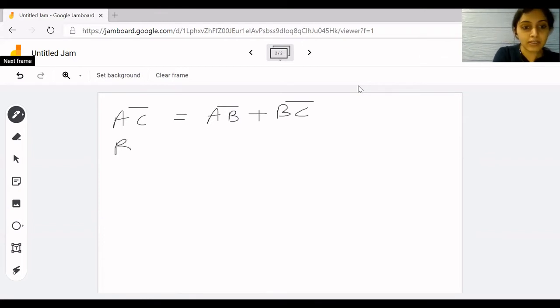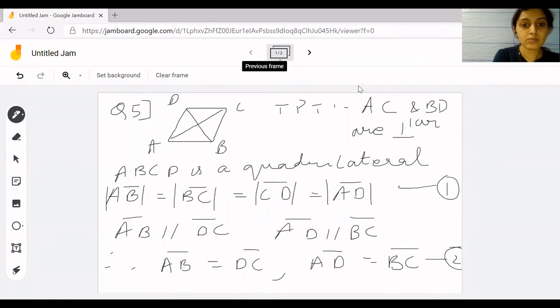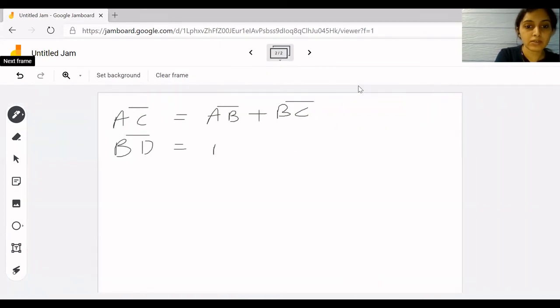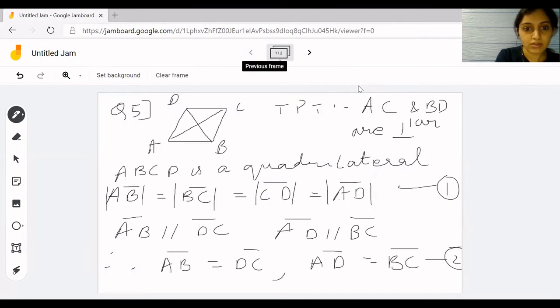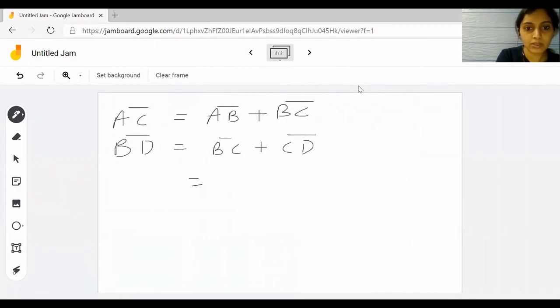And diagonal BD is equal to, what is diagonal BD equal to? BC bar plus CD bar. Which can be written as, CD is equal to minus AB.